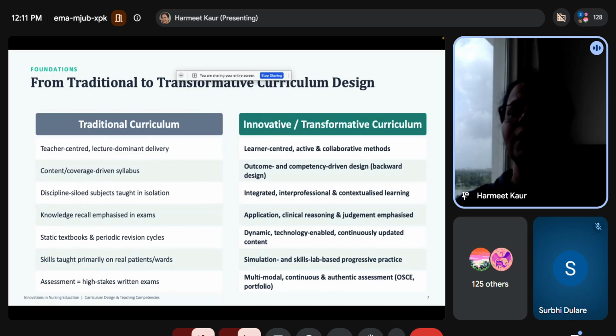Then integrated, interprofessional and contextualized learning. Here the learning is integrated. Although in the starting we can teach the subjects separately, in the end at least these should be integrated together, so that this never happens that whatever we have learned in community health, we will not utilize in hospital, or hospital knowledge will not be utilized in community.